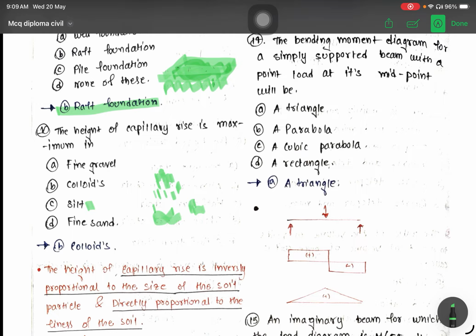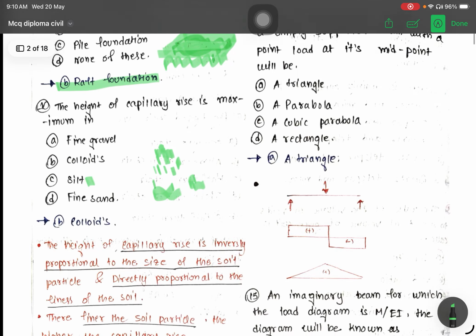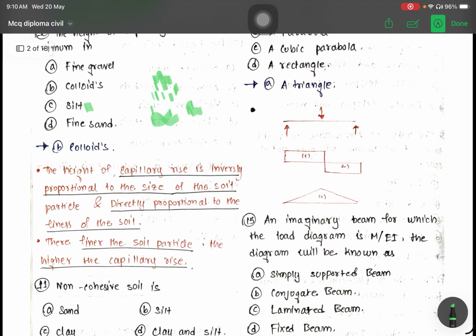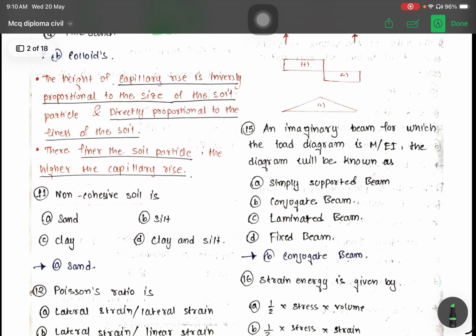Capillary rise is defined as the upward rise of water between the particles of the soil. The height of capillary rise is inversely proportional to the size of the soil particle and directly proportional to the fineness of the soil. The finer the soil particle, the higher the capillary rise.